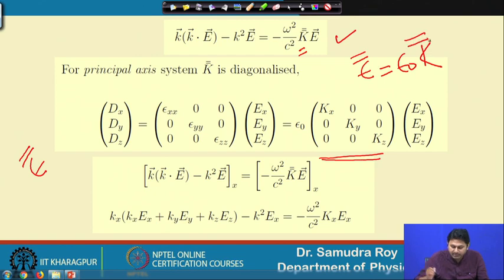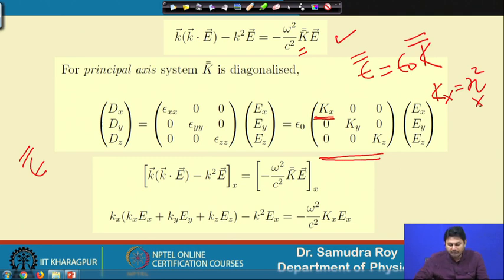This is the relationship between epsilon double bar and k double bar that we define. So, k double bar is replaced by this. The x component of k in the principal axis system is simply kx, which is nothing but the refractive index square along the x direction, because kx is equal to nx square. That is an important identity we are going to use.